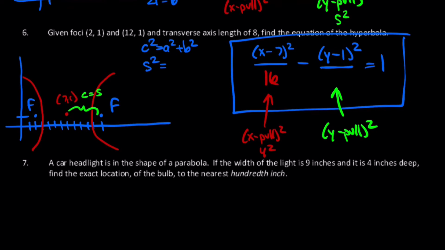In a hyperbola, a is always under the first term, so a is going to be 4 in this case. Not that it really matters because we're adding. So this will be 25 equals 16 plus b squared. Subtract 16, 9 equals b squared. And again, I don't really need to know what b is. I just need the equation, so I put a 9 there, and I'm good to go.